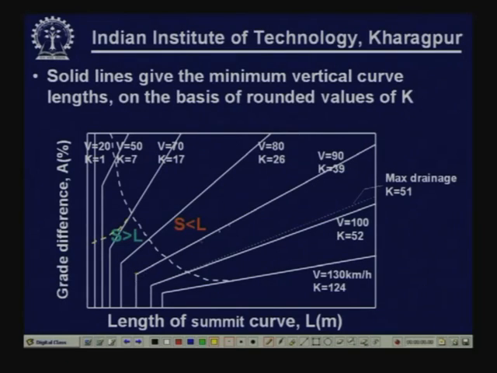This total curve represents the required length of curve for that particular design speed. So, these terminal adjustments are made and then the S less than L portion is extended to meet the extended vertical lines. That way this whole exhibit is developed.